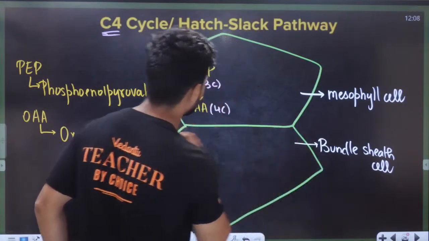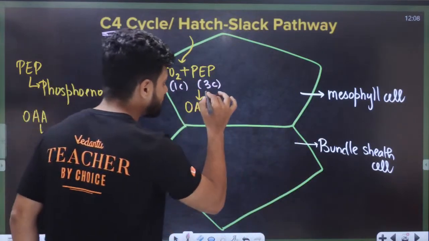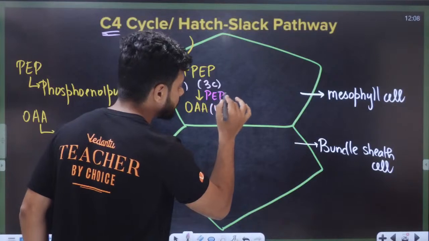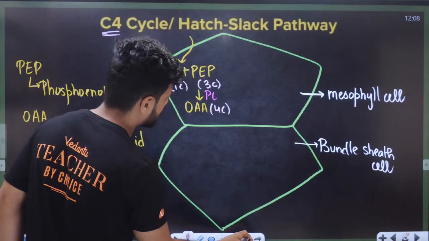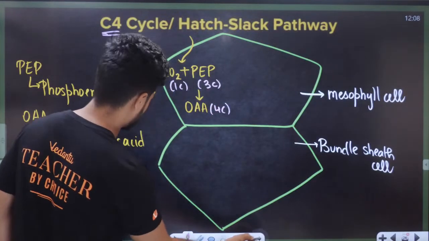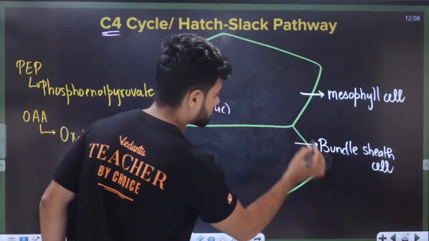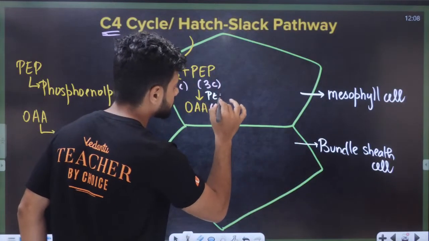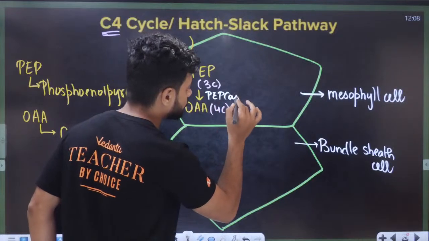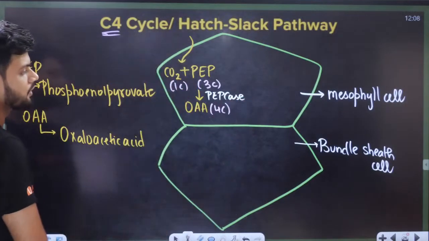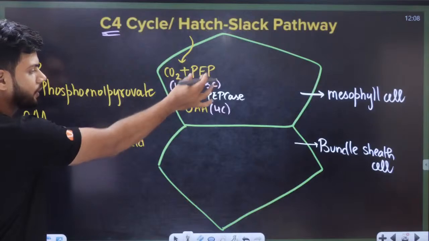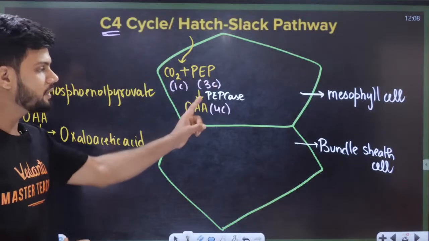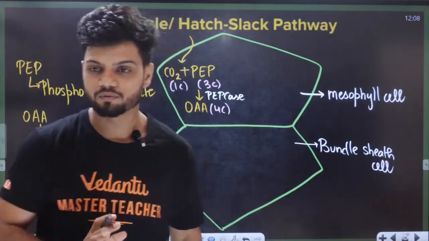Without the enzyme, it's not possible. The enzyme involved here is PEPcase. PEPcase enzyme is involved: CO2 plus phosphoenol pyruvate will give you OAA.